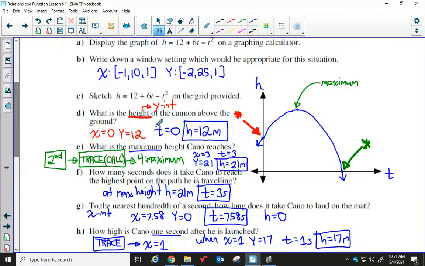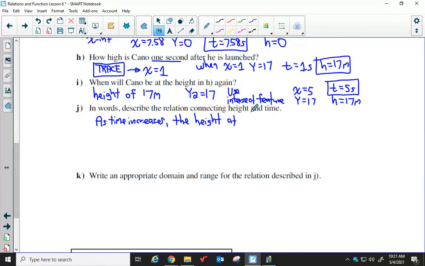As time goes up, the height first increases and then it drops down to 0. First increases and then decreases after reaching the maximum height.